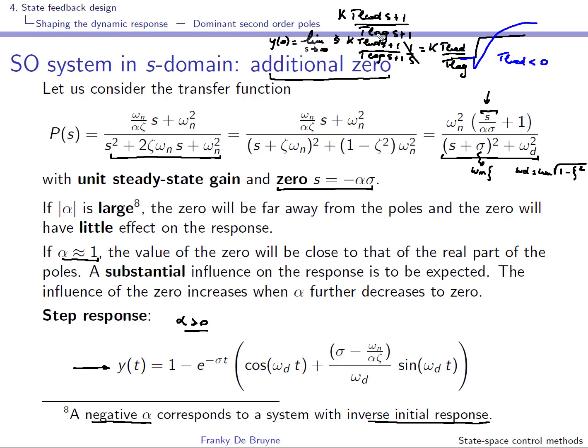Obviously T lag will be positive, otherwise you would have a lead lag system that is unstable, and it would make no sense to look at the step response. So T lag is positive, but you see here that when T lead is negative, indeed you have this inverse initial response. So at time t equals 0 you will have something that will go down, before of course going to the value of K, because in steady state the gain will indeed be K over here.